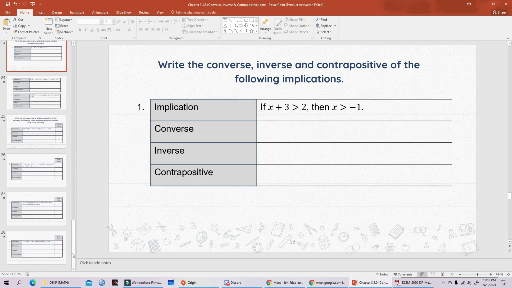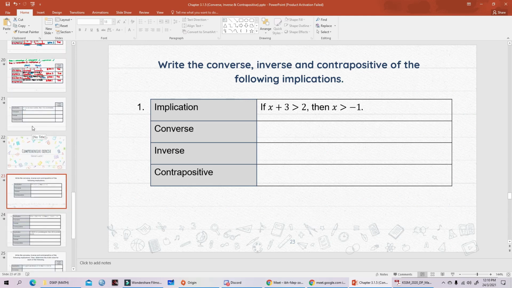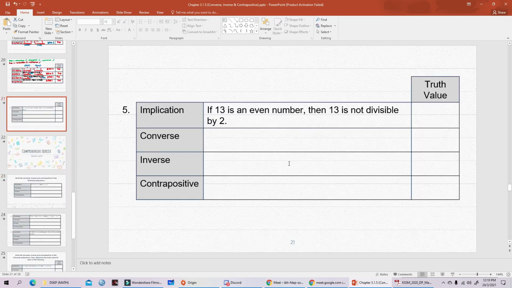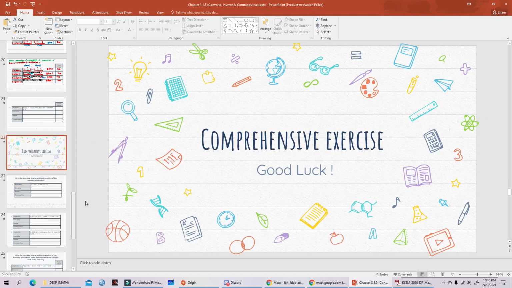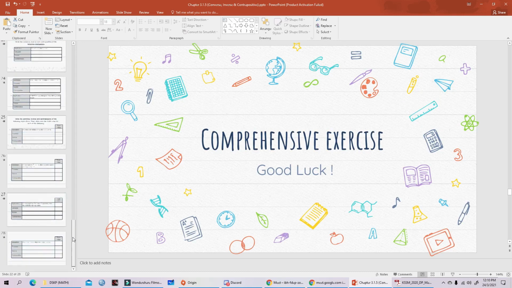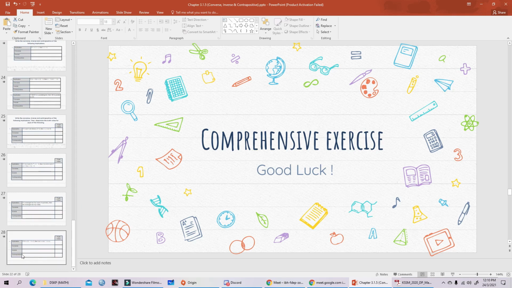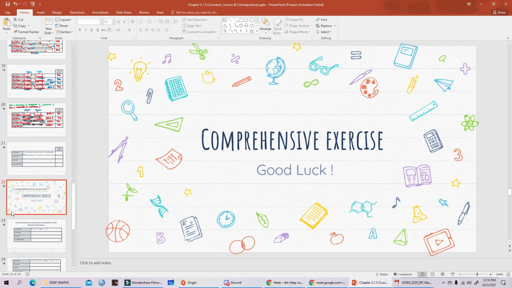Question number 5 is your homework, and the comprehensive exercise is also your homework. You need to complete all this homework today, and we will discuss it tomorrow. Is it okay?